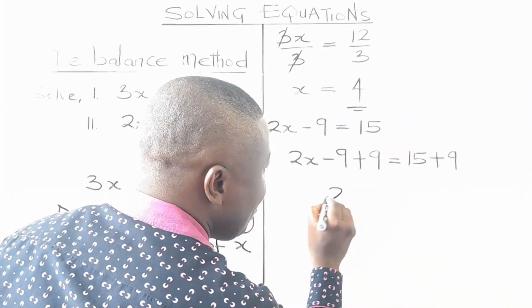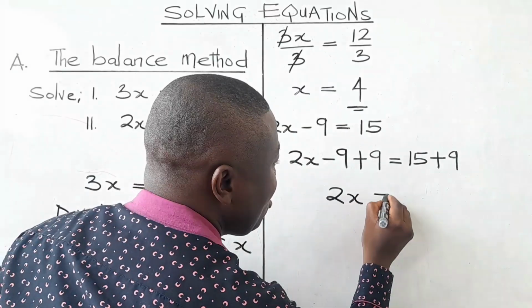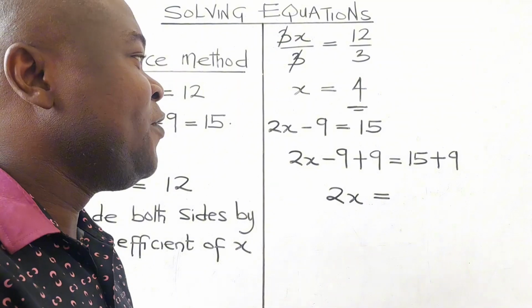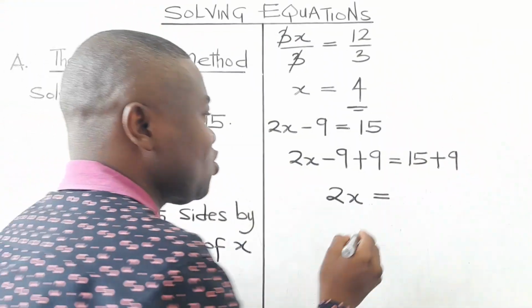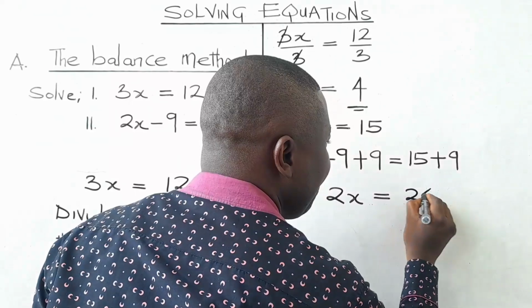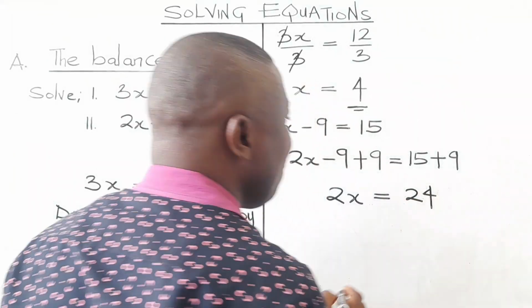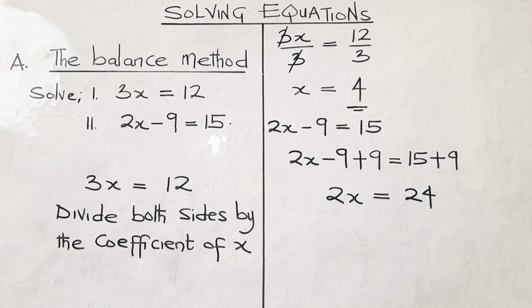So you just have 2x equal to 15 plus 9, which is 24. I think it's making more sense now.